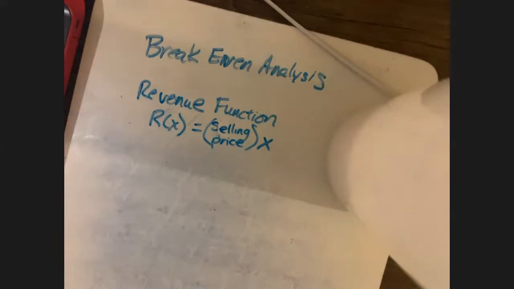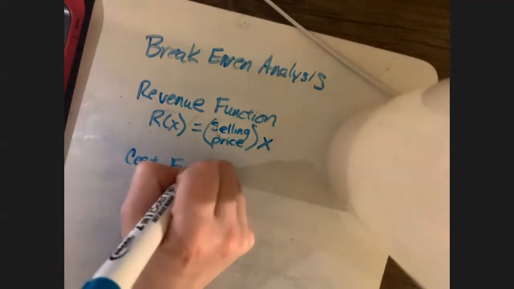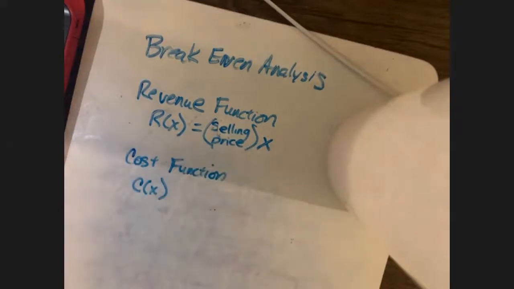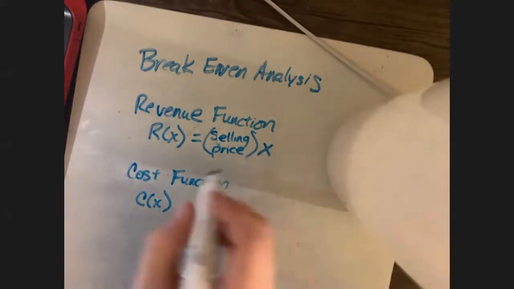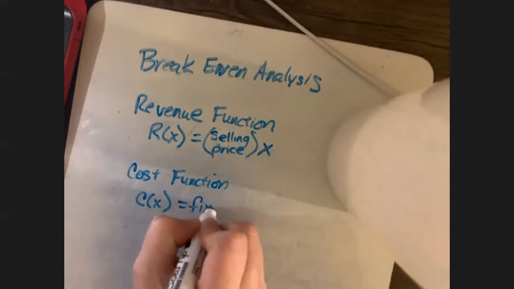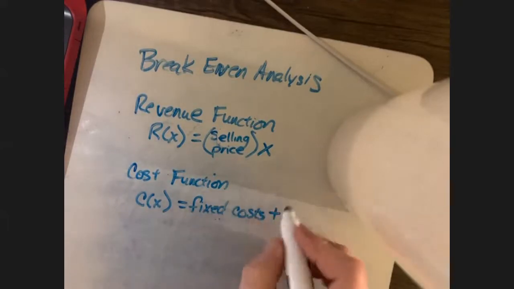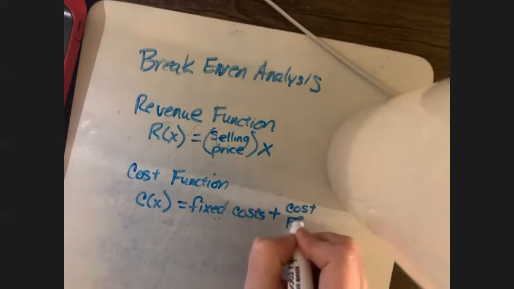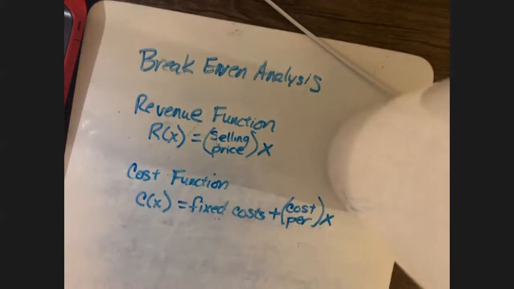Okay, now we're also going to have a cost function. This one is oftentimes called C of X. So cost function, you've got to have your fixed costs.